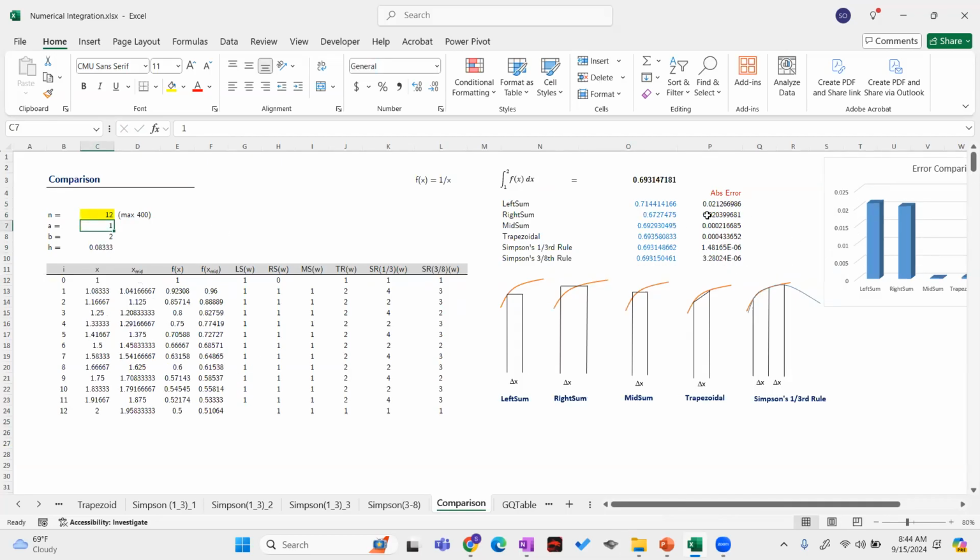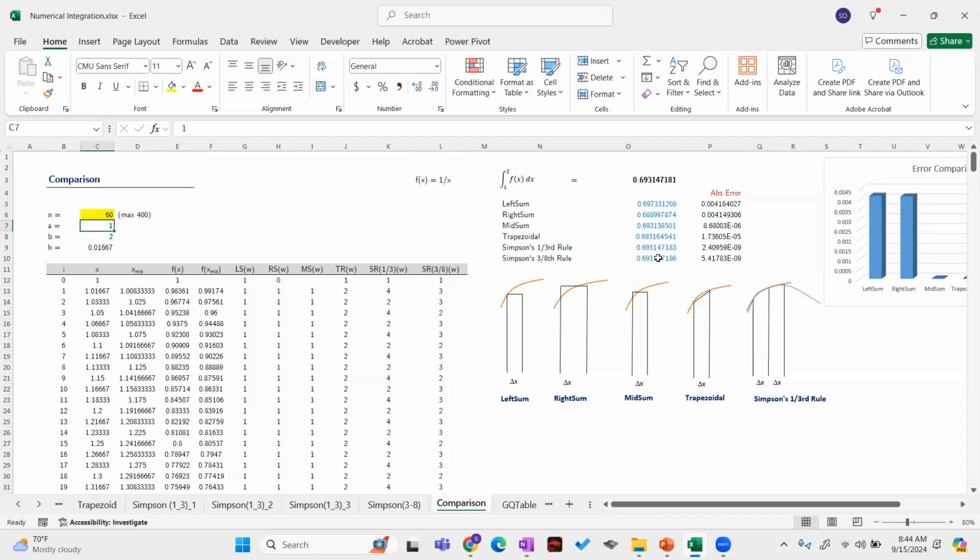And you can see how the errors are still going down, and the convergence. If I use maybe 60, these are becoming extremely accurate. And this one is also, I think, not that bad. Obviously, these are more accurate than midsum.